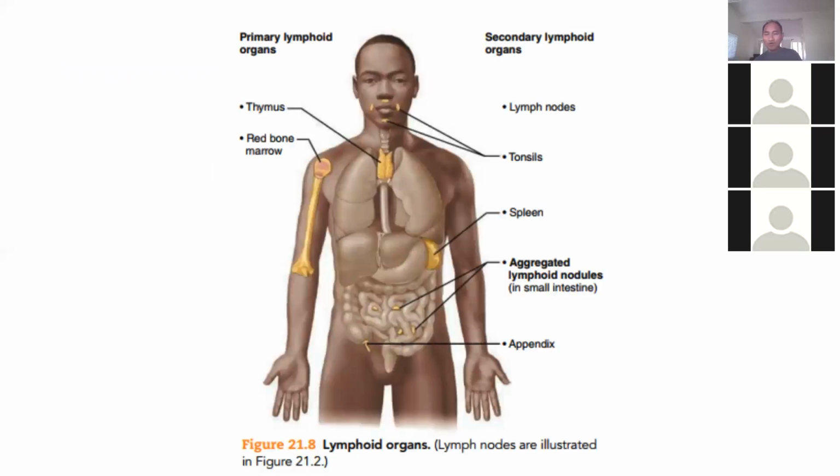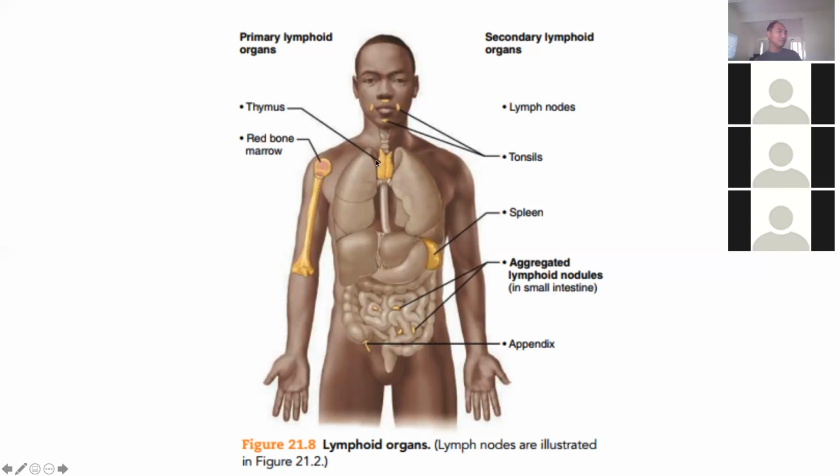So lymphoid organs, what are the lymphoid organs? Lymphoid organs are those structures inside our body where we store or generate lymphocytes. These are the lymphoid organs. We can see the bone marrow, it needs to be red marrow, not yellow marrow.